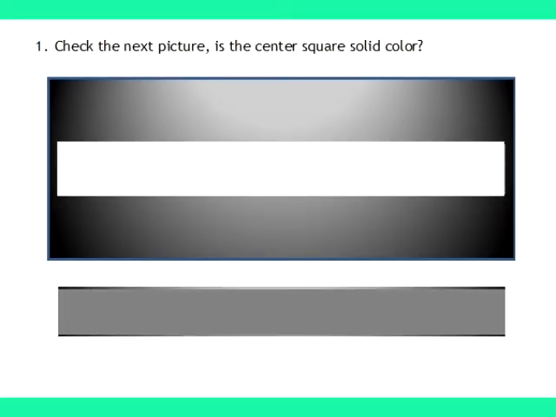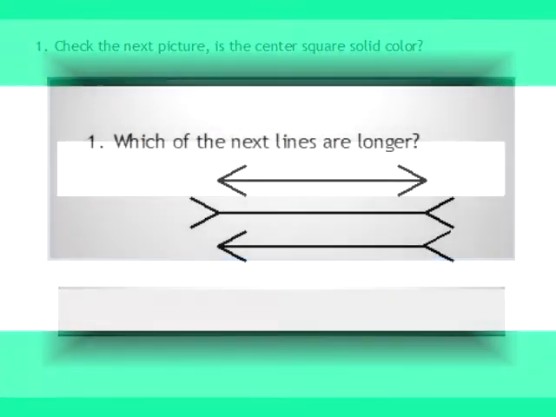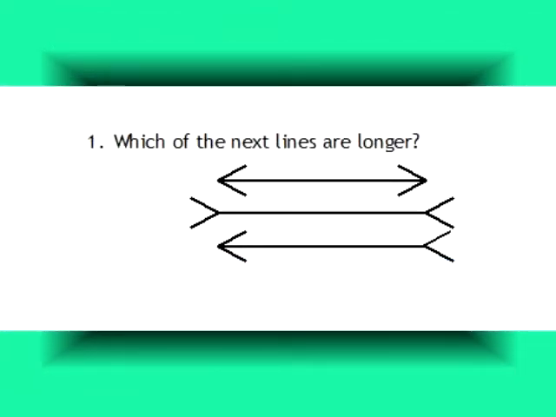Next exercise. Which of the next lines is longer? Most of the people will say the center, but as you see here, every line is the same. Use your appreciation for the frame they have at the ends. You see one longer than the other.